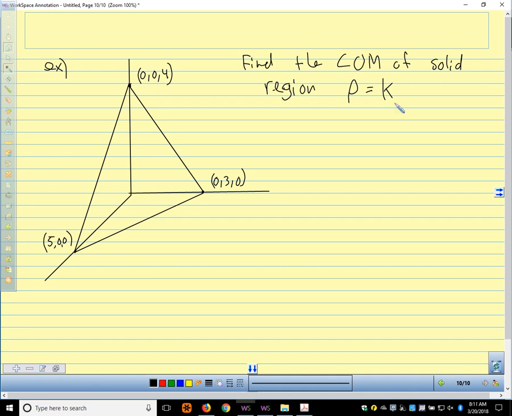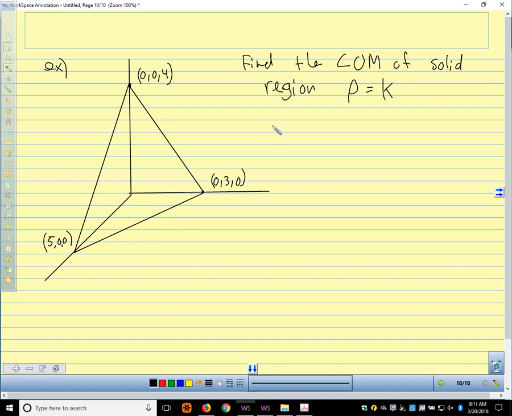Well, all we have here is the intersection of that plane with the axes. What do we need to set up and evaluate our triple integral to find the center of mass? We need some kind of equation. We need an equation of the surface, right? We can come up with an equation of this line in the xy plane.